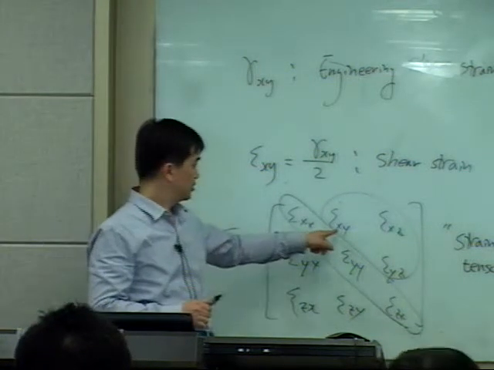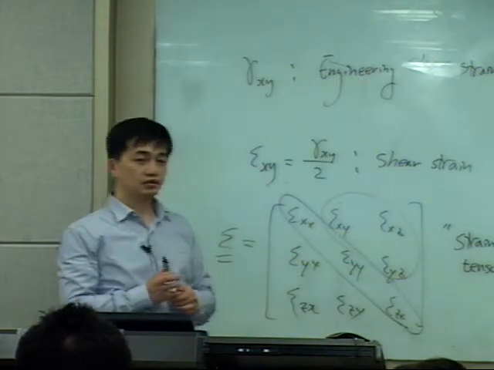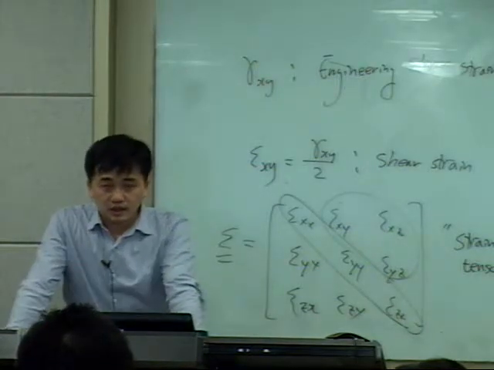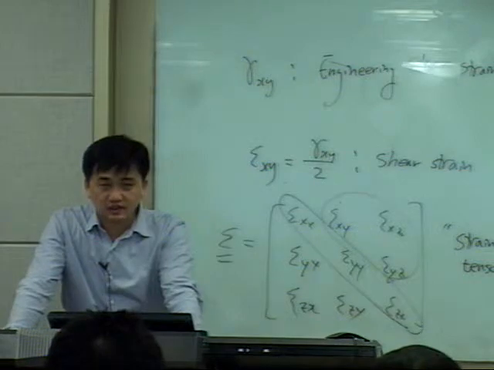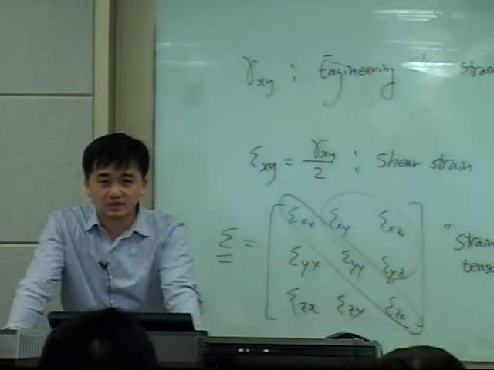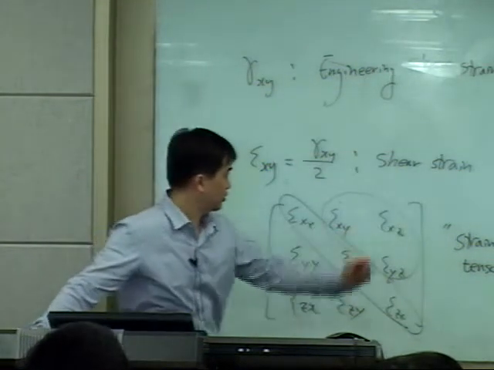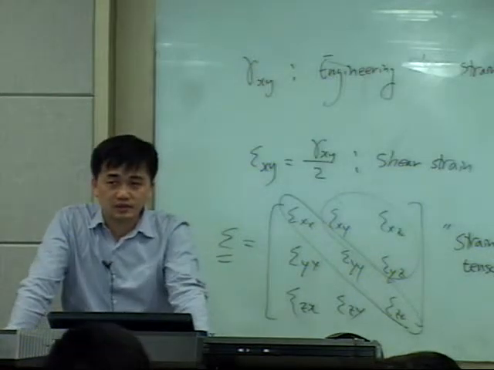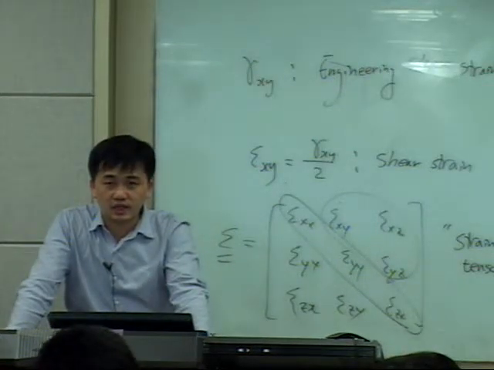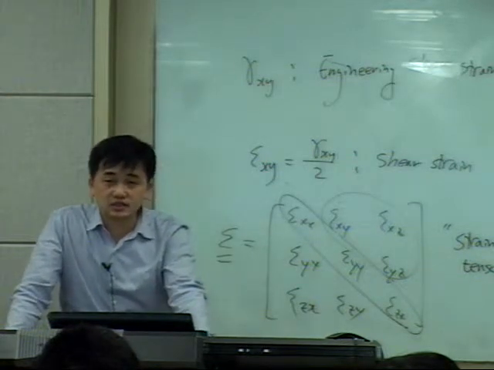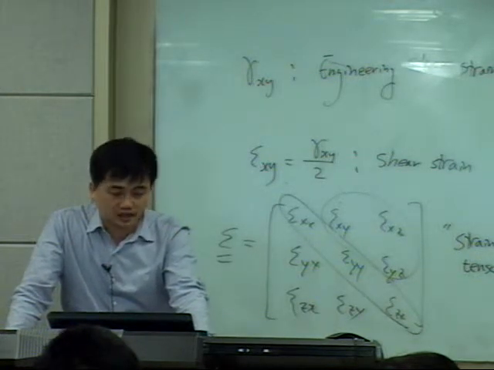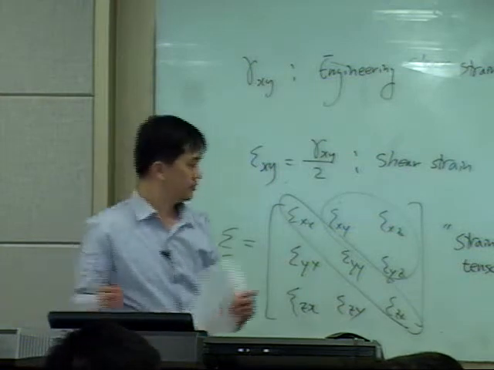So strain XY gives us half of the angle change between the X-axis and Y-axis. Also, strain XZ gives us half of the angle change between the X and Z axes. Okay, something like that.